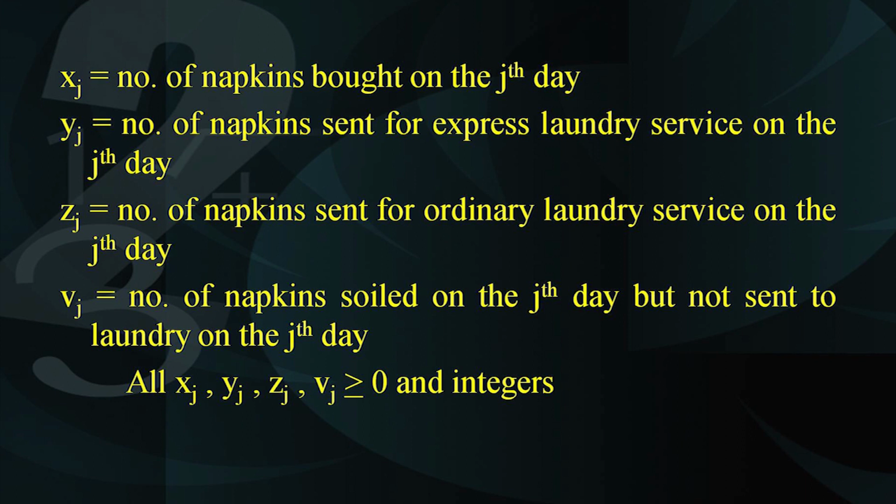Also we have Yj defined as the number of napkins sent for express laundry services on the jth day, and similarly we have Zj equal to the number of napkins sent for ordinary laundry services on the jth day, and also we have Vj as the number of napkins soiled on the jth day, but not sent to laundry on the jth day.